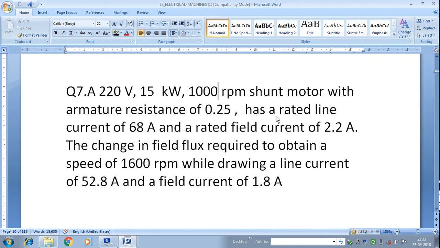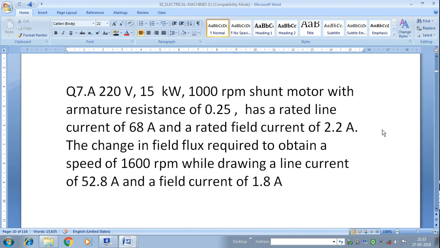During this speed, the line current is 68 ampere and field current is 2.2 ampere. So we want to change the speed from 1000 rpm to 1600 rpm.